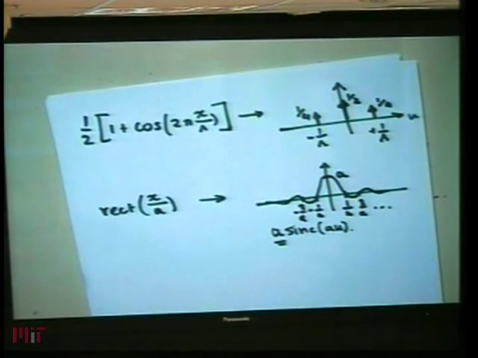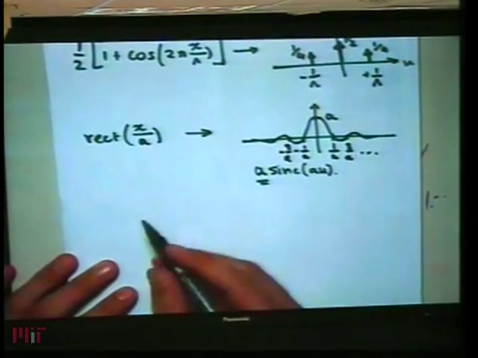Now what we see on the bottom is basically a grating which is truncated.